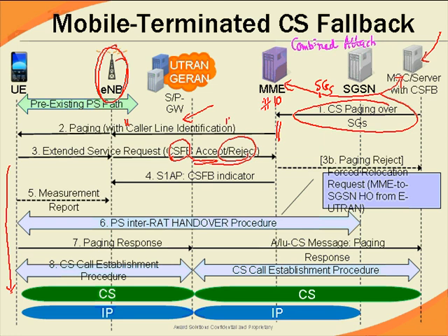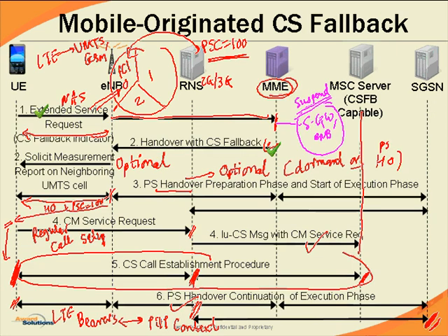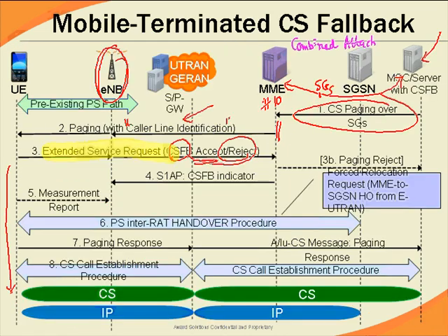But the message itself is still the same, extended service request, the same as what the UE did for the mobile originated call. So now let's say we accept the call, and the MME will inform the eNode B that this UE wants to make a CS fallback call.